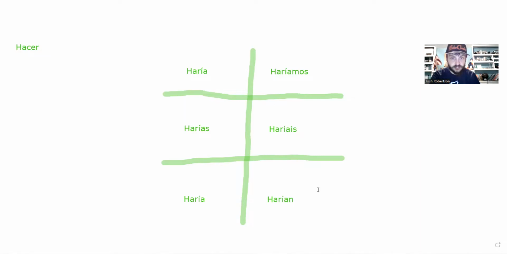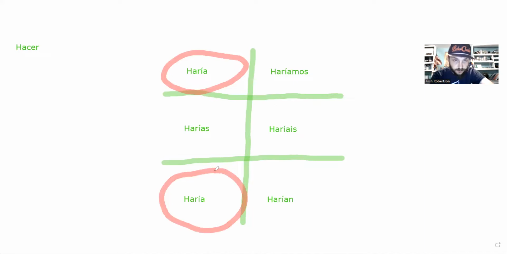Ellos, ellas y ustedes harían. See? Now, before we move on, I would like to go over this again. And remember that the yo form and the él, ella, usted form are the exact same conjugations. Okay.